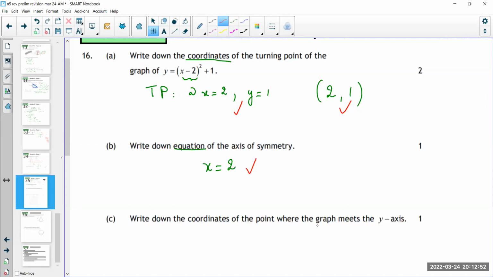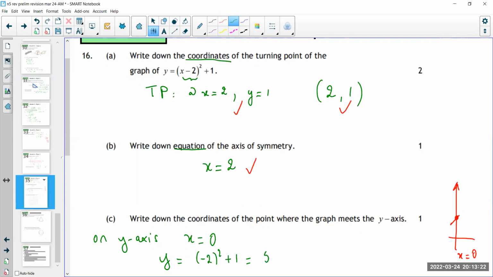Write down the coordinate of the point where the graph meets the y-axis. So that's what we call when we hit this x equals 0, the y-intercept. Same thing. So on y-axis, x equals 0. And when x equals 0, y is minus 2 squared plus 1.